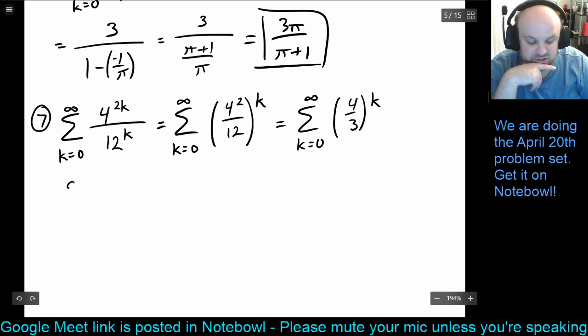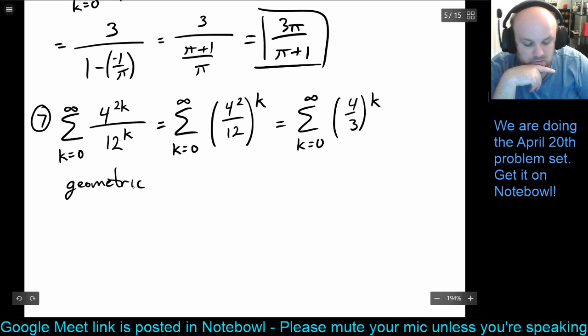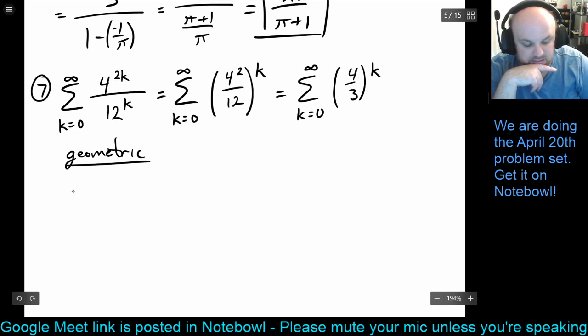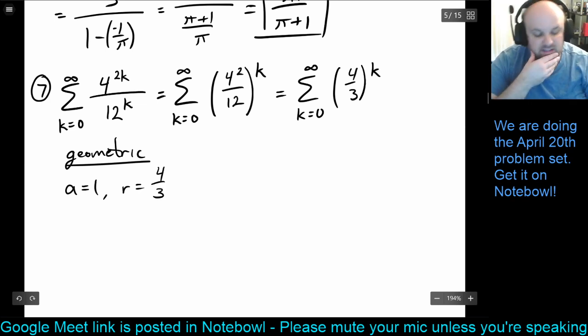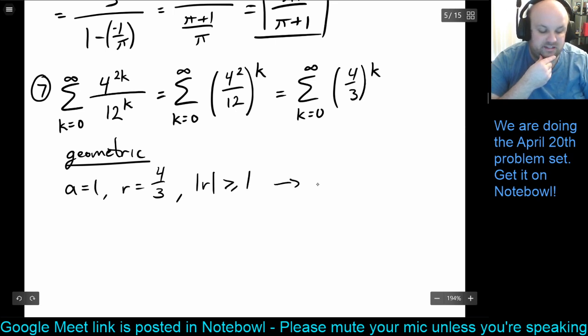So again, this is geometric. A is 1. R is 4/3. Now in this case, absolute value of R is bigger than or equal to 1, which means it diverges. In that case, that's it.